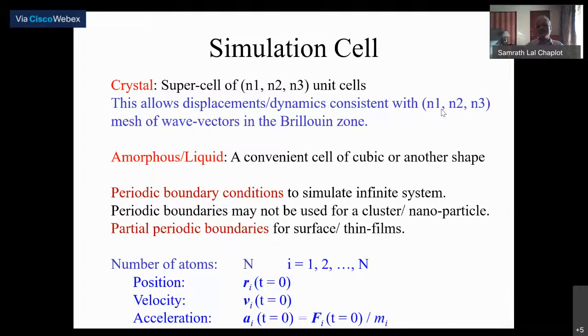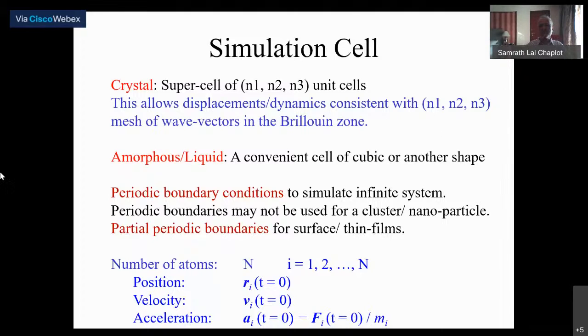In such a box, even though you apply periodic boundary conditions, only certain standing waves can be formed. Or in this case, they don't have to be standing waves, but the wave vectors that are possible will correspond to a certain mesh in the Brillouin zone.